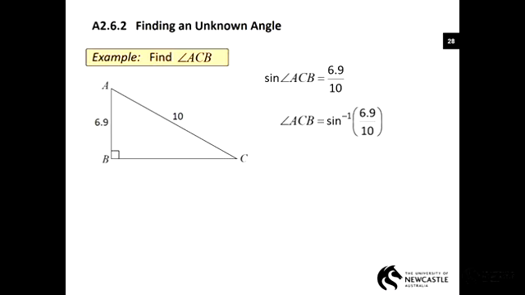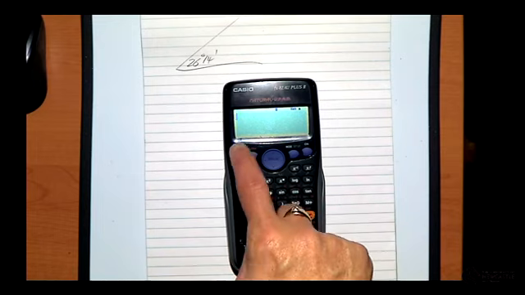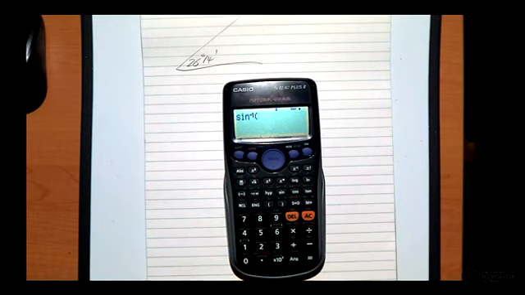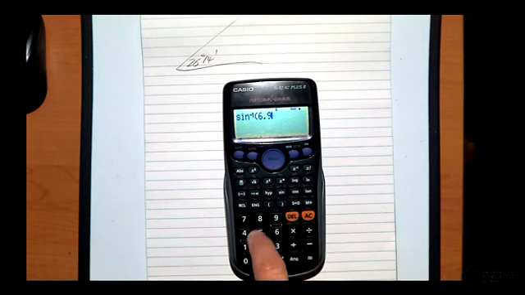So the sine inverse of 6.9 on 10, you could call it 0.69, it doesn't really matter. I'm just going to do this sine inverse, shift sine of 6.9 on 10. Now it's already opened up a bracket for me, so 6.9, I could do divided by 10, I could probably fraction 10 it.